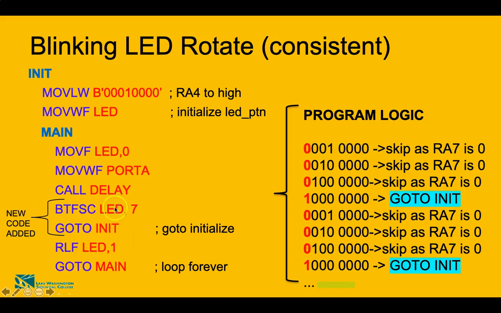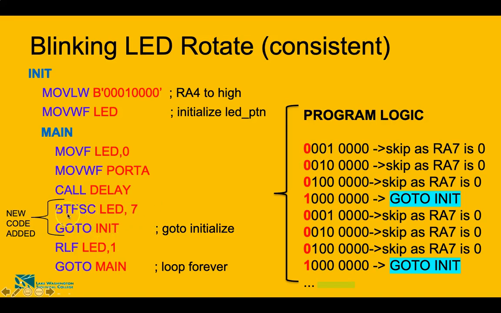So using this instruction set, the program is going to test this bit every time. Initially, until here, we had RA4 turned on. Now, coming after the delay, it is going to test if the 7th bit is 0 or not. If the 7th bit is clear, then it's going to skip the next step.